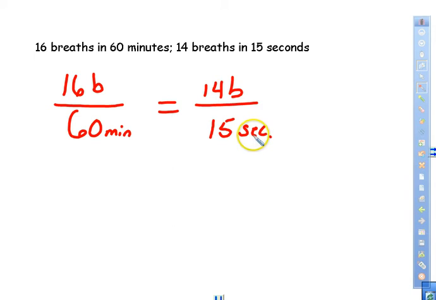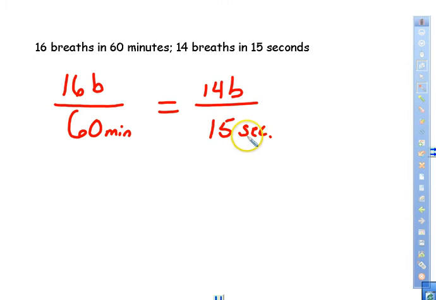In order for these two to be equal, we must have the same unit of measurement for numerators, which we do, and denominators, which we do not. So in order to make this happen and make them equivalent with units of measurement, we have to make equivalent to minutes or to seconds.